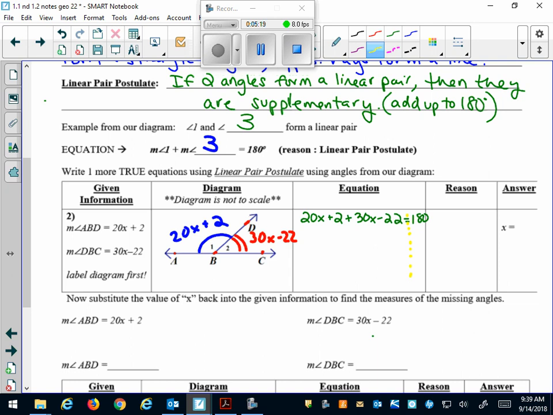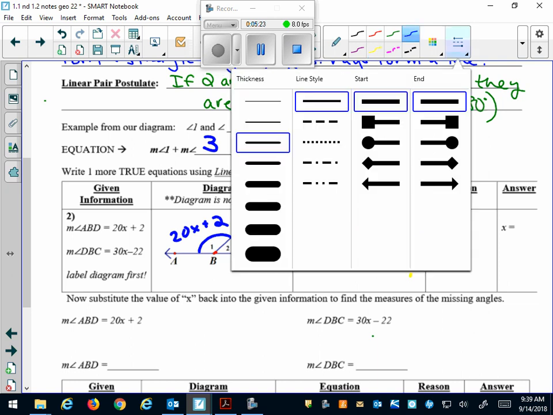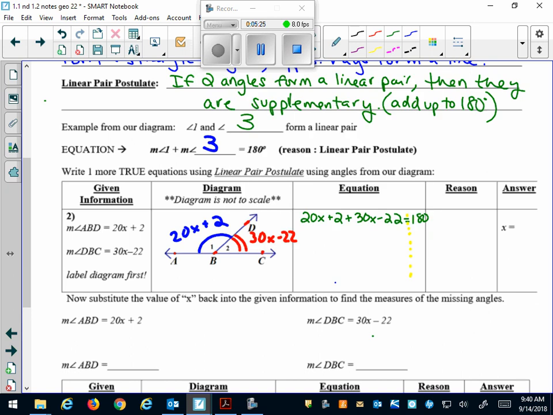So you want to, everything on the left, just combine like terms. So we're going to get 20x and 30x is 50x. Negative 22 plus 2 is negative 20 equals 180. Add 20 to both sides. 50x equals 200. X is 4. Perfect.